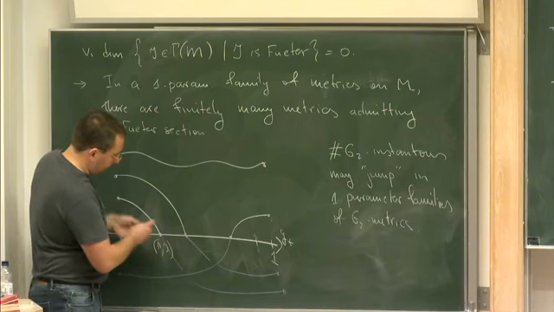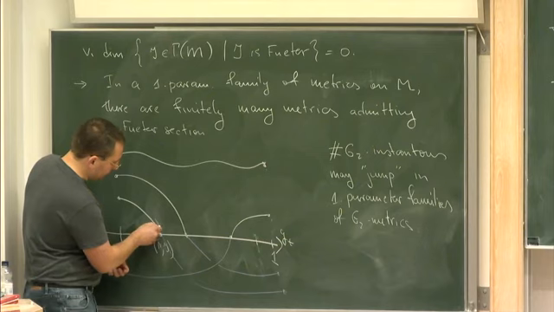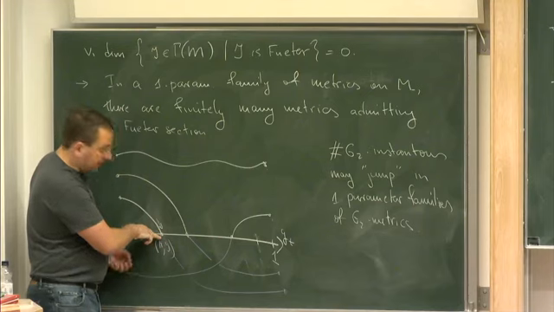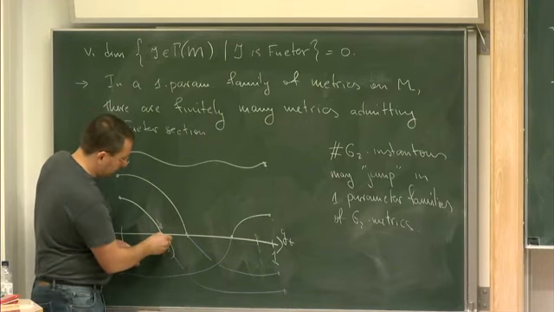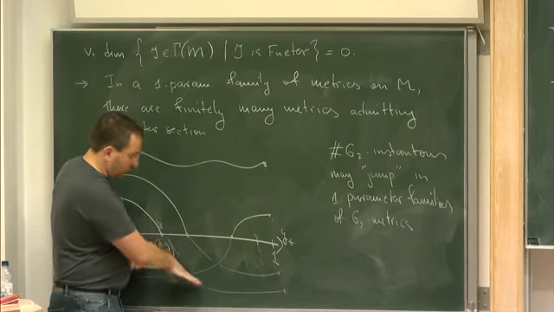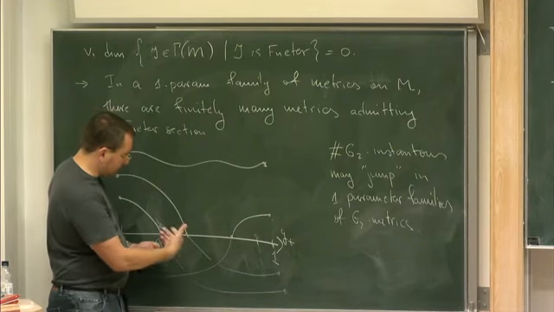But what happens in the process? At some point, you see that a G2 instanton converges to a Fueter section. And then this Fueter section will give you a burst to a Seiberg-Witten monopole on your associative. And you can see this in the other direction.